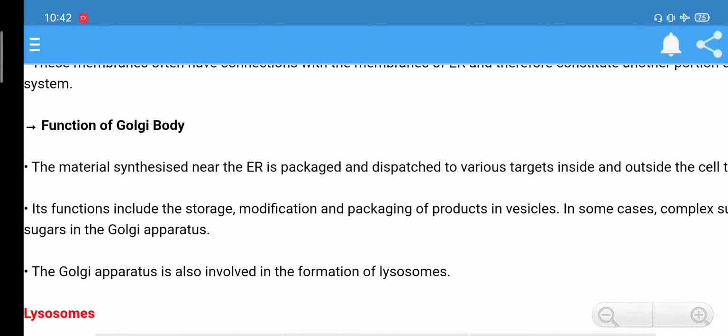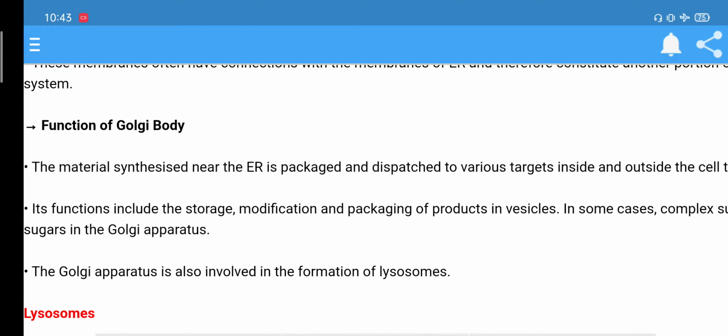It is important to note that the Golgi apparatus is also called the Golgi body or Golgi complex. I said Golgi apparatus, but you have to keep in mind that it is Golgi body or Golgi complex.